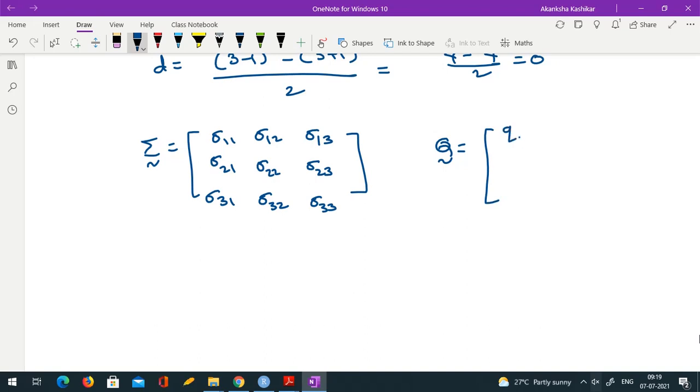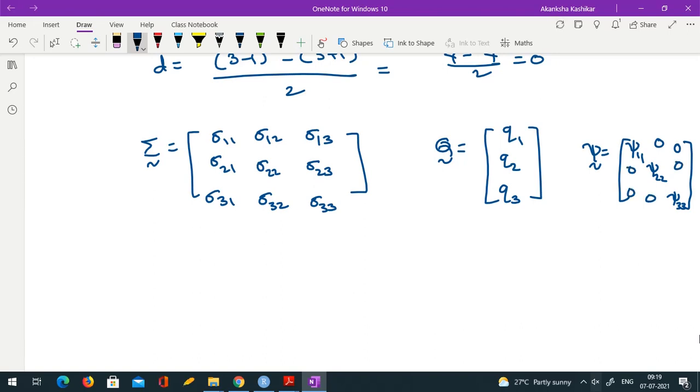So let me call it Q1, Q2, Q3. And psi would be of order 3 cross 3. So psi 1 1, psi 2 2, psi 3 3, and the other entries are 0 because psi is a diagonal matrix.